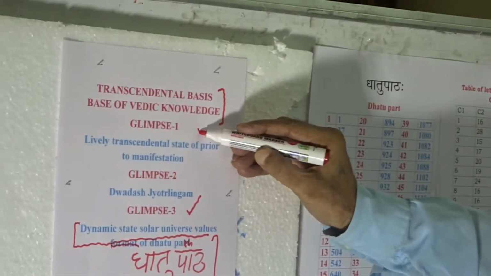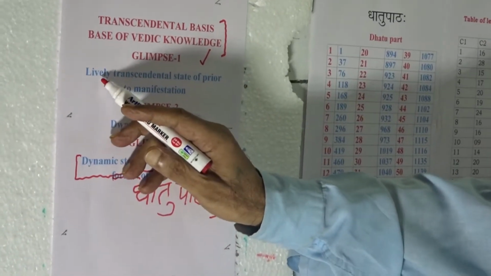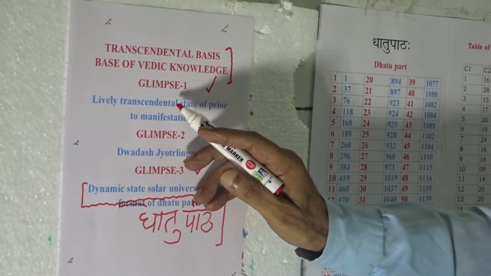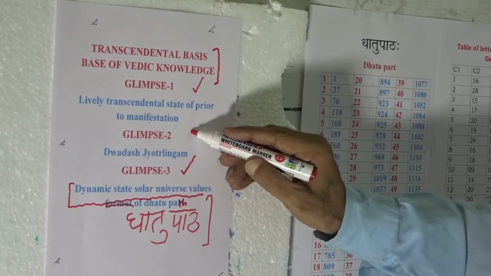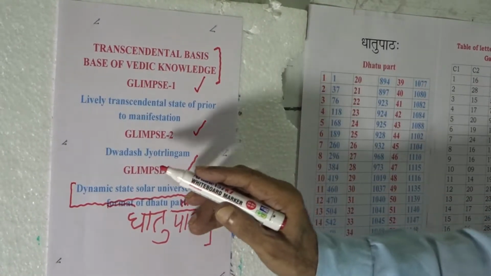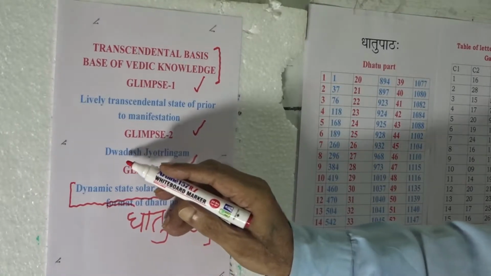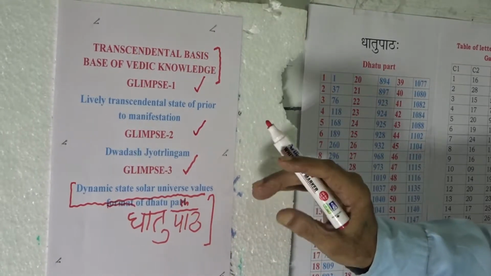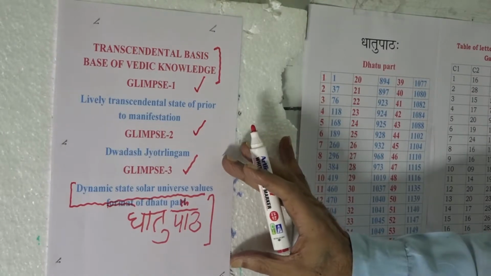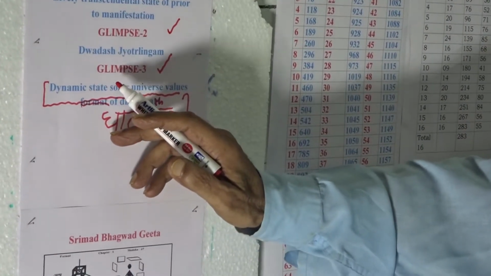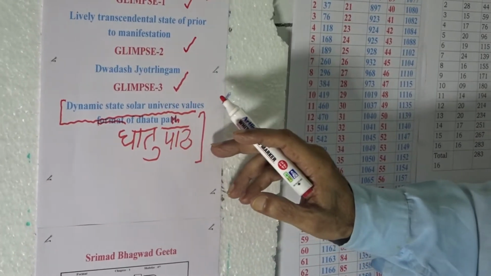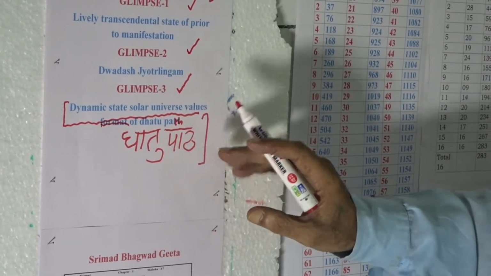Let us recapitulate that in Glimpse 1 we have been glimpsing the lively transcendental state prior to manifestation. As Glimpse 2, our visit has been to Dwadas Jyotirlingam, and today in Glimpse 3 we are face to face with the dynamic state of solar universe values in a format parallel to that of the Dhatu part.